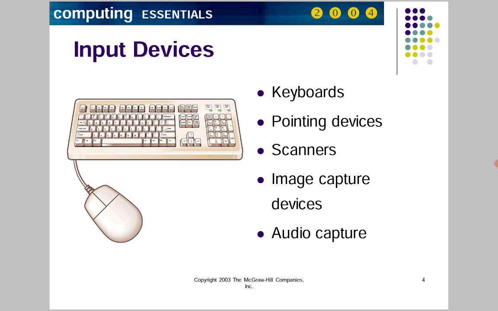Pointing devices means like pointers. There are many types of pointing devices available, like mouse, plotters, and other types also. Scanners. Image capturing devices means like cameras. Audio capturing devices means audio digital cameras and other types of cameras and others.